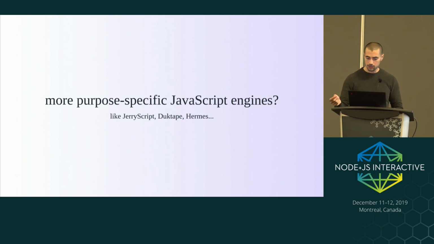An option for Node could be having a different set of flags or configuration values to let the engine know it is running in a long lifespan context. I do know there are flags to modify the memory limits for V8, but that doesn't actually change how the engine manages memory internally.